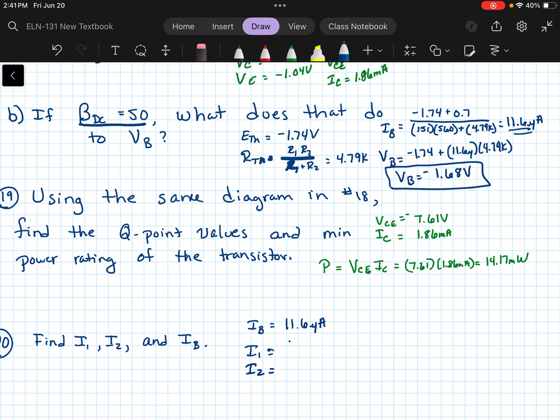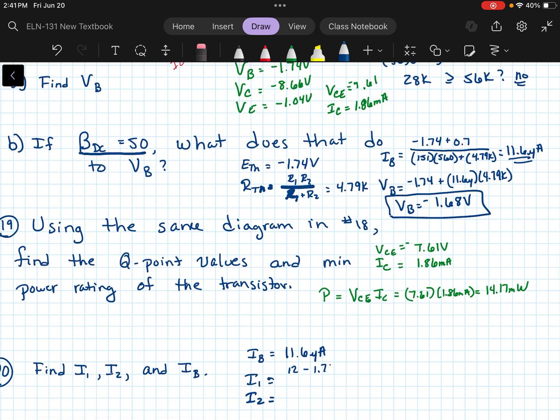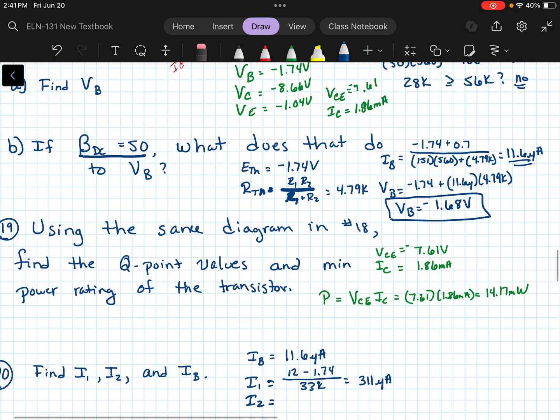So I'm just going to do 12 minus 1.74 over the 33K, which will give us about 311 microamps.